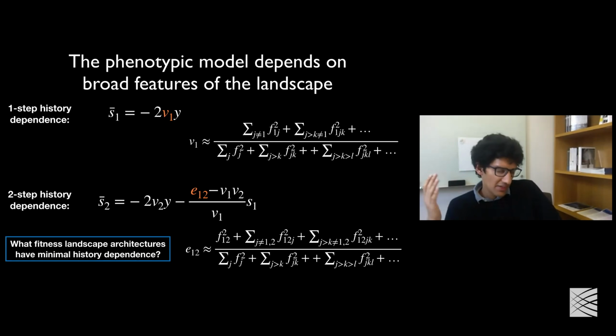You're seeing that most of the fitness gains seem to be dependent only on the initial fitness. So the question is whether we can come up with some architectures that do have this property, right? This property that most of the fitness changes depend on the current fitness, and not on the entire evolutionary history.